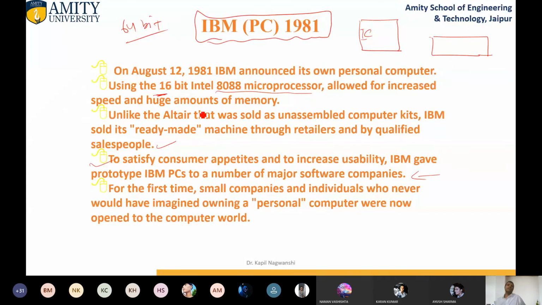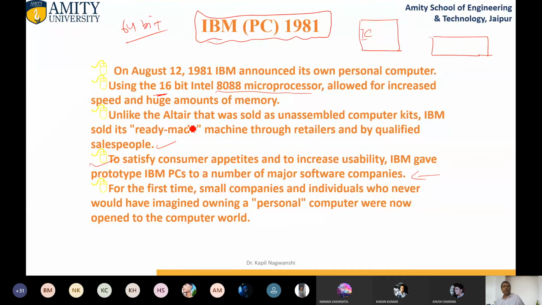The IBM PC was created in 1981. On August 12, 1981, IBM announced its own personal computer using the 16-bit Intel 8088 processor. Earlier it was the 8080 and now the 8088, which allowed for increased speed and a huge amount of memory.